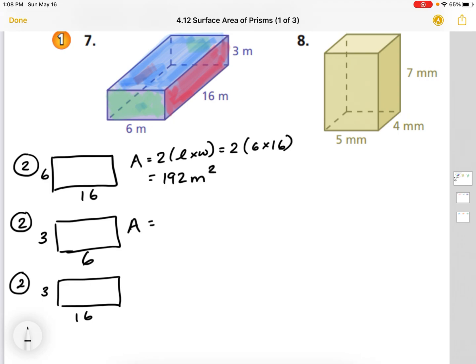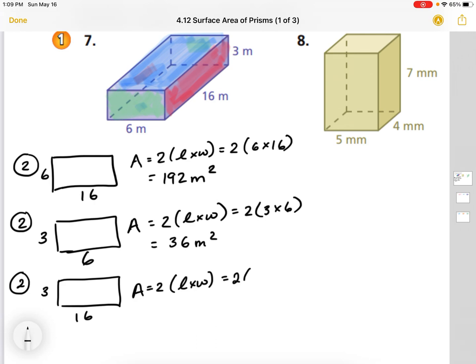Area here, 2 times length times width, which is 2 times 3 times 6, which is 36 meters squared. And then the final one, 2 times length times width, which is 2 times 3 times 16, which is 96 meters squared.